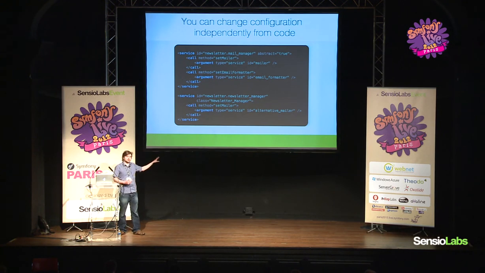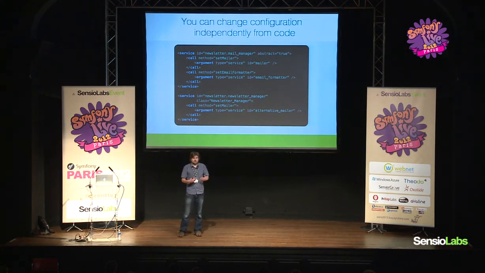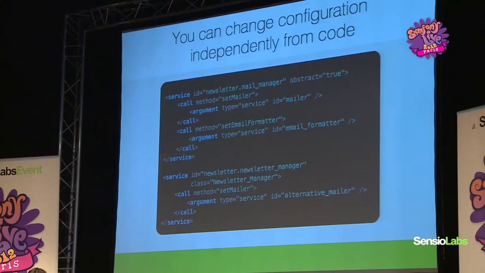We can remove the link to the parent service. The parent service is still there, it's fine, other things are using it, but just in the configuration, we can take out the attribute, and it will no longer inherit the method calls from that, and we can redefine them for that service. And by doing this, we're no longer having to go back in and touch the code. We can make changes purely in the configuration.